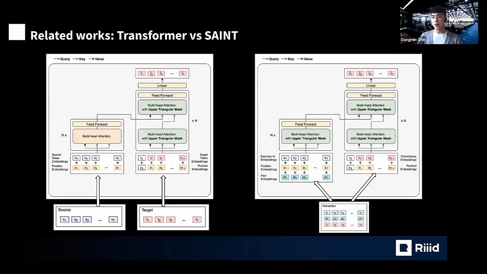The examples of exercise-related data can be exercise ID and part, and that kind of data is fed to the encoder part. And then the response data, like correctness, is fed into the decoder part of the model.